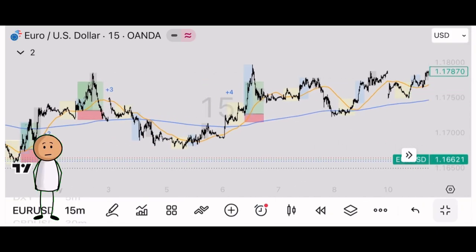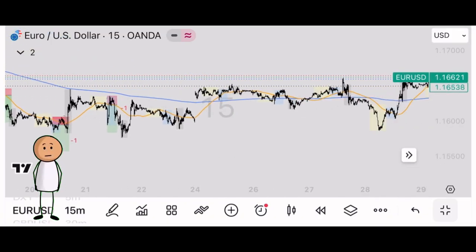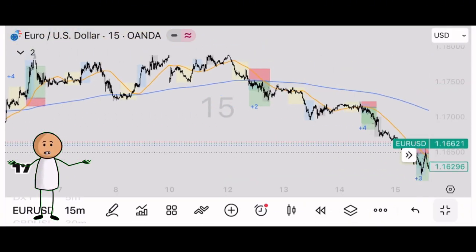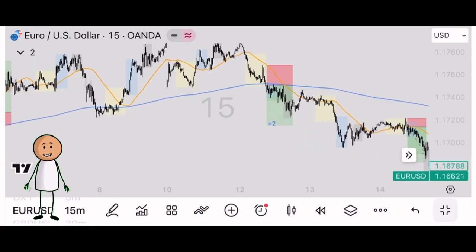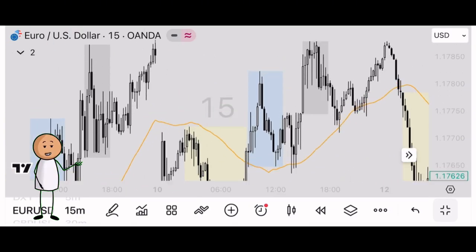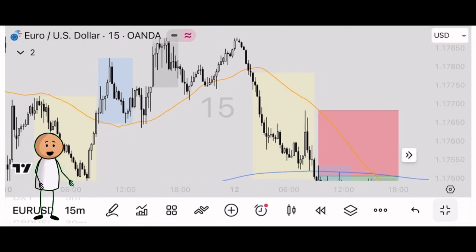And let's separate the losses. These are the profits. Okay, 1, 2, and just 2 losses, so that's 18 RR.